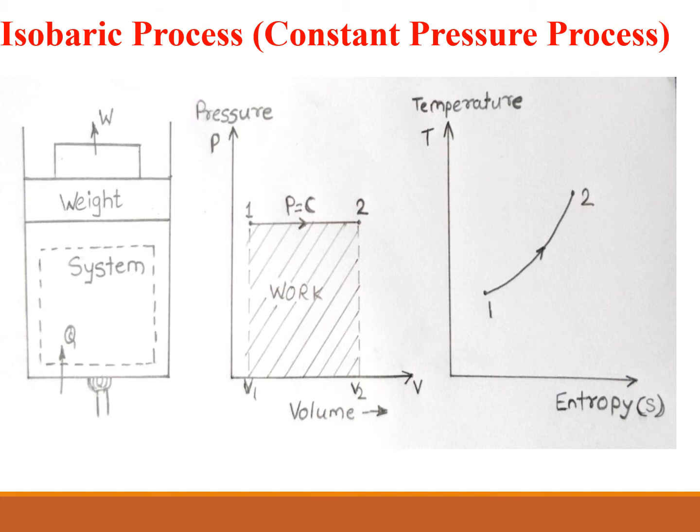We can see that there are two possible outcomes to an isobaric process. First, if the system expands, then the system does positive work. And second, if the system contracts, then the system does negative work.